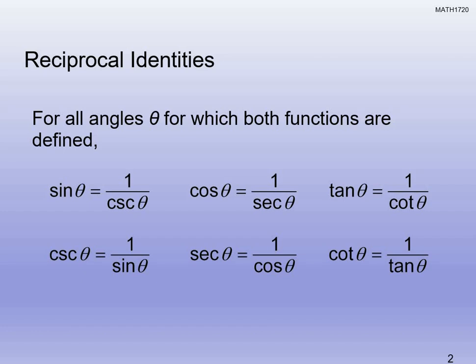Okay, this is important for us in solving them later on because we can rewrite sine as 1 over cosecant. We can rewrite cosine as 1 over secant, tangent as 1 over cotangent, and then vice versa. Cosecant is 1 over sine, secant is 1 over cosine, and cotangent is 1 over tangent. However, just remember, the relationship is always sine with cosecant, cosine with secant, tangent with cotangent.